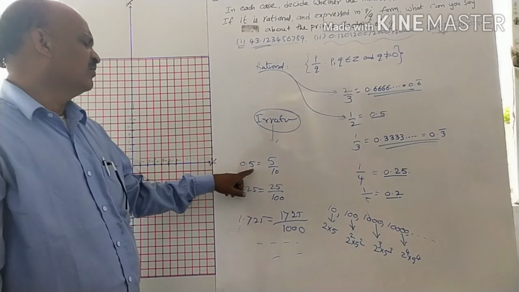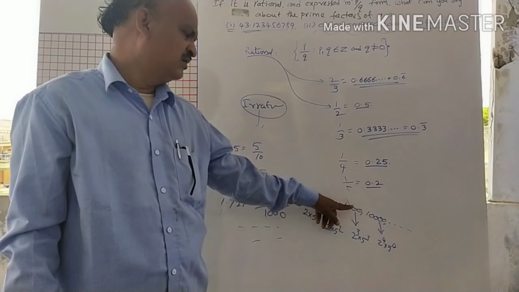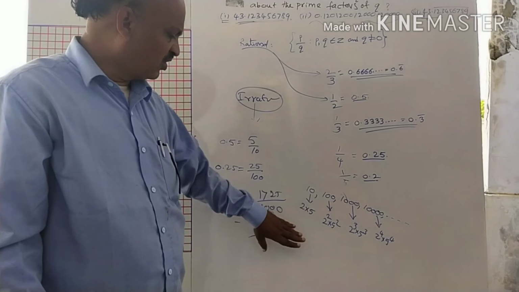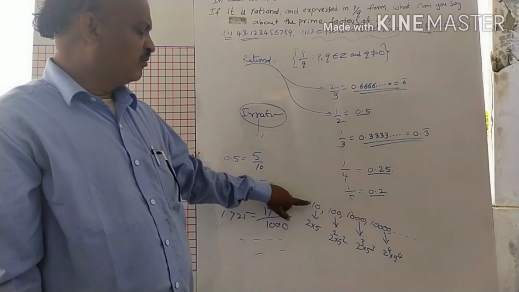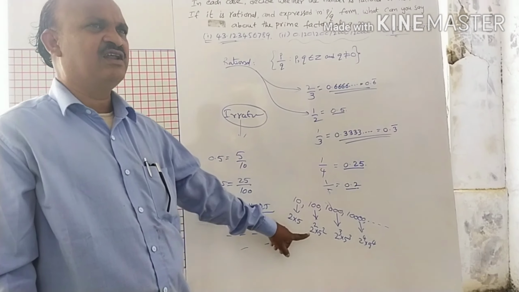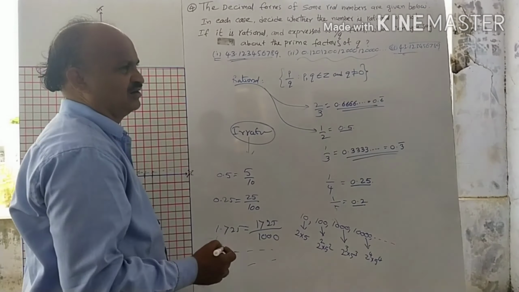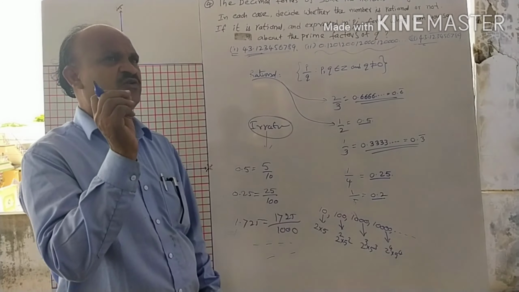So all terminating decimals have the denominator 10, 100, 1000, 10,000, so in the denominator, the prime factors are 2 and 5 only.